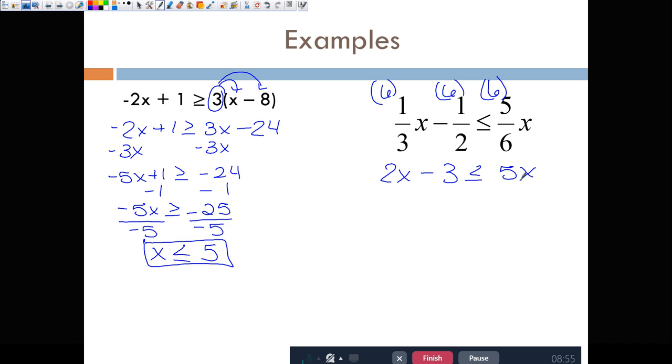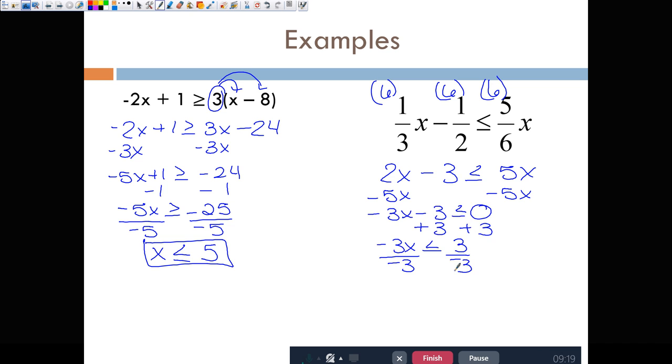I mean, I technically could. I have 0 here, so I guess I can do that. So I'm going to get negative 3x minus 3 is less than or equal to 0. And I'd have to add 3 to both sides. So negative 3x is less than or equal to 3. Then I'm going to divide by a negative number. What happens when we divide by a negative number?